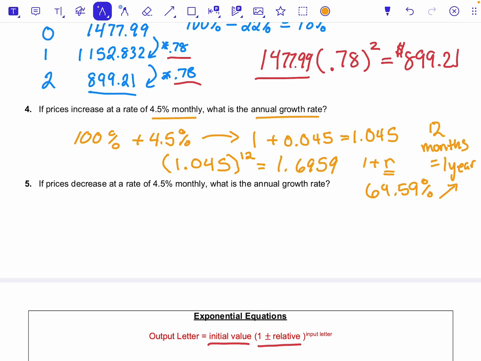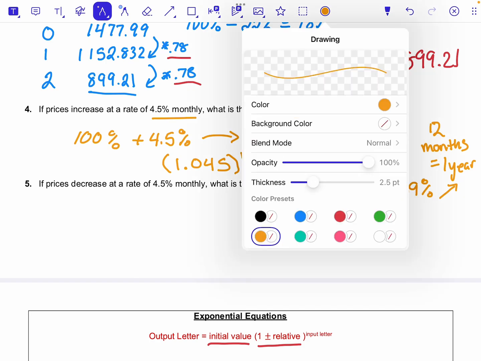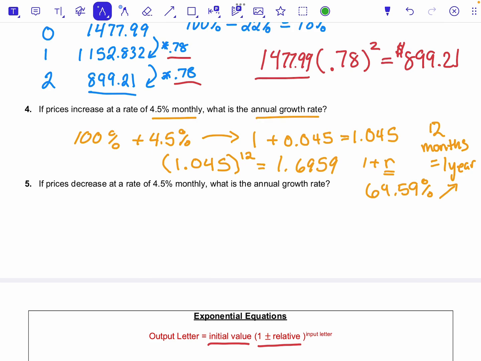But you want to differentiate, because if we look at this next problem, we're looking at a decreasing rate monthly. So it's going to be the same idea, except instead of adding, we're going to be subtracting that 0.045. And so every month, we would have 0.955 as the number we multiply by.